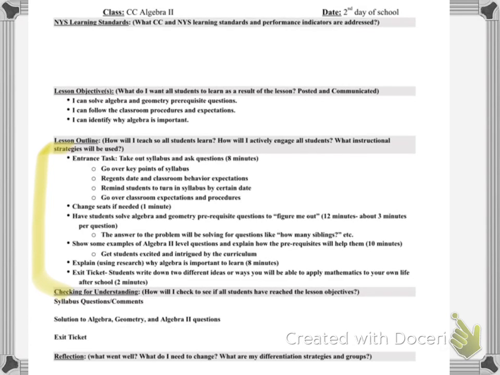Change any seats for students that misbehaved the first day or anything like that. Go through some questions to figure me out, which makes them apply some algebra and geometry questions. Show some examples of Algebra 2 questions. And then explain why algebra is important to learn, which is using what we did in our class this semester.